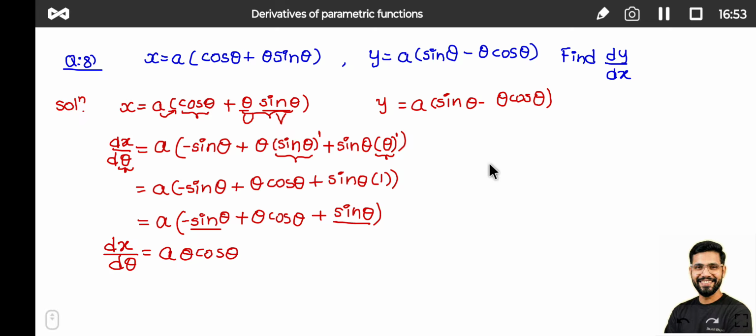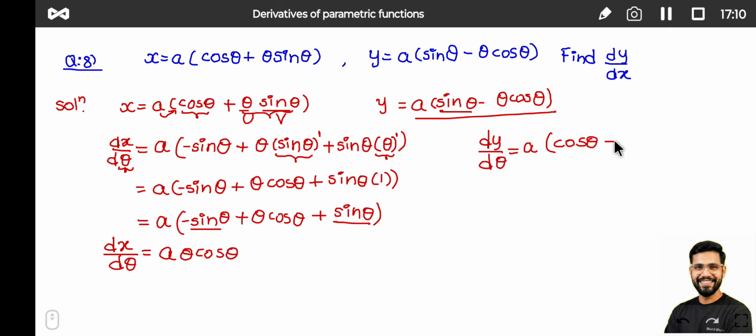Now let's solve the other part, y. So if we do the derivative of y with respect to theta, we will get dy by d theta is equal to a as it is, bracket, derivative of sin theta which is cos theta, then minus, here also we have to apply the UV rule because it is a multiplication.